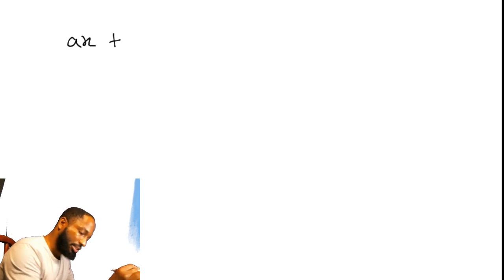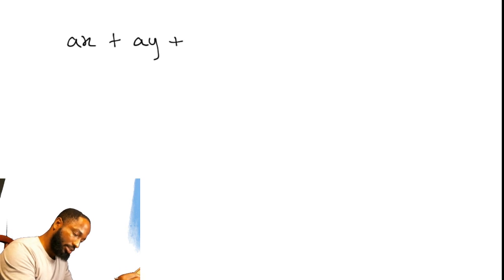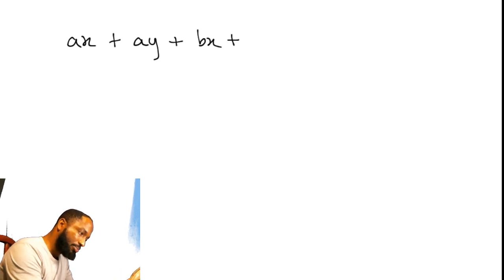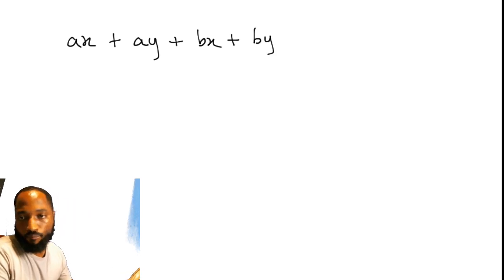This book has a lot of questions, so let me just run this question. So, if I have ax plus ay plus bx plus by, what is going to happen there?